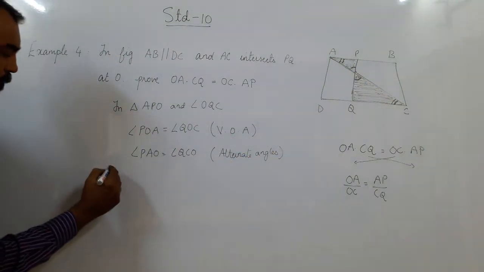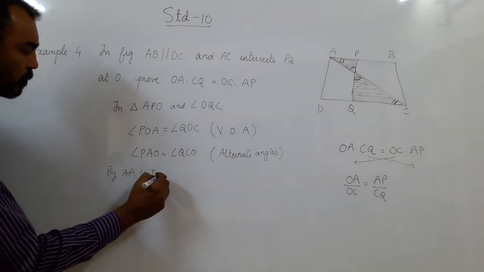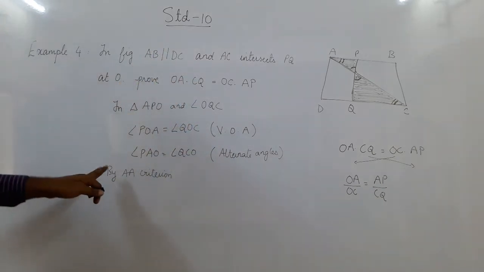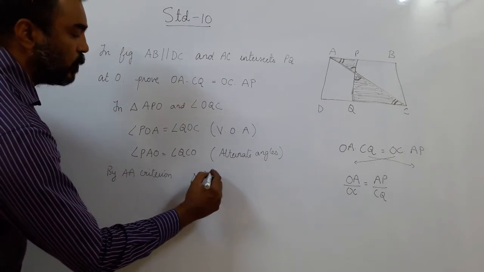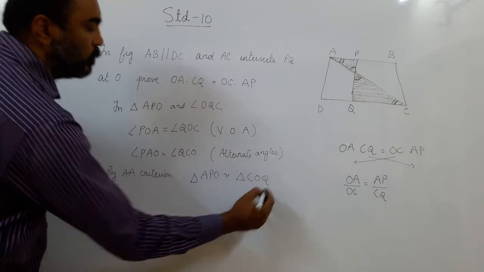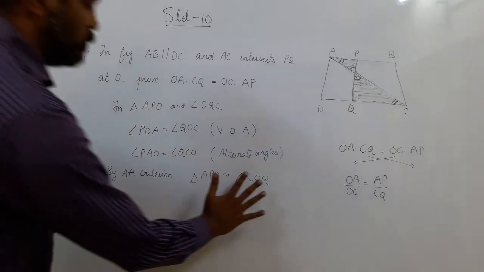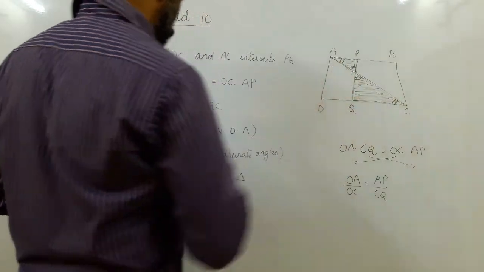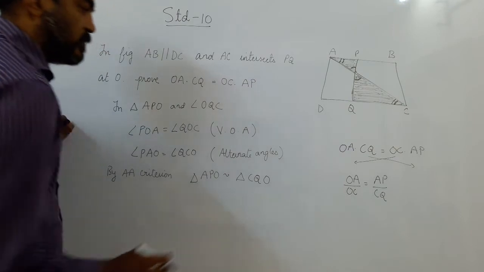So by the AA criterion, I have just shown the two angles of two different triangles are equal. So I can say by the AA criterion, triangle APO is similar to triangle COQ. No, this is not the order. APO is similar to CQO.